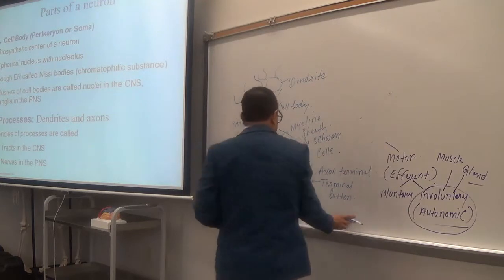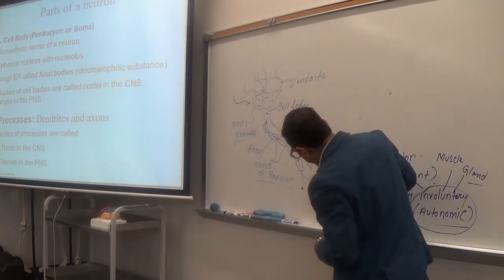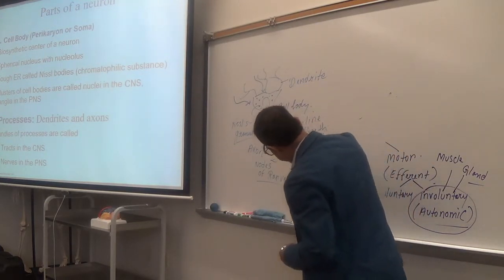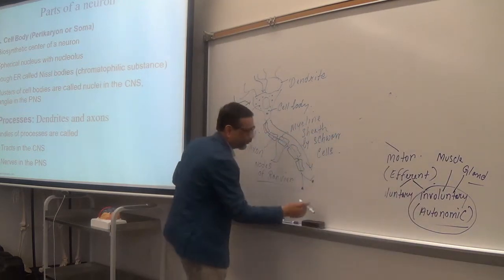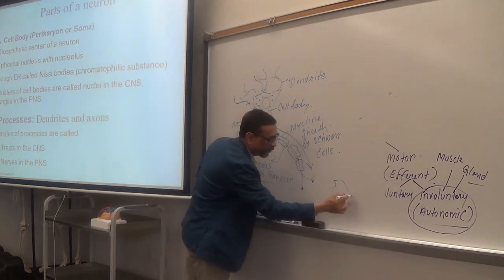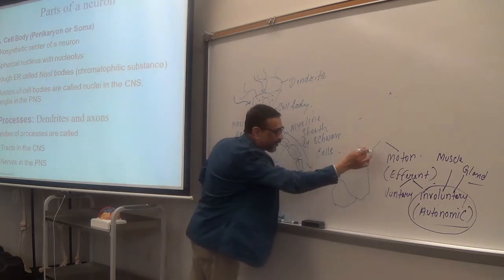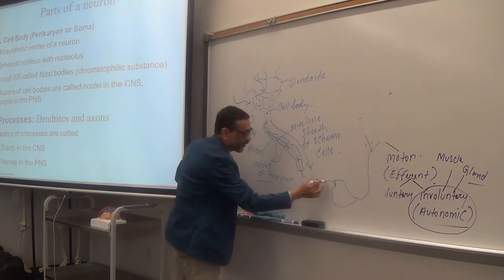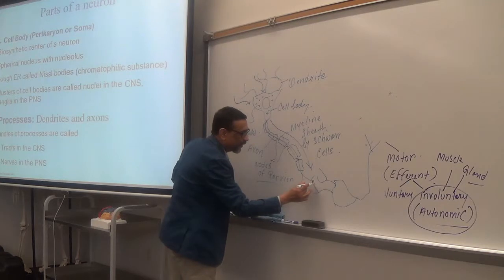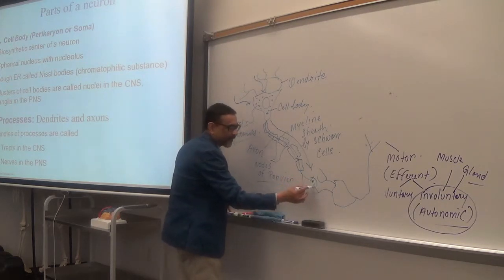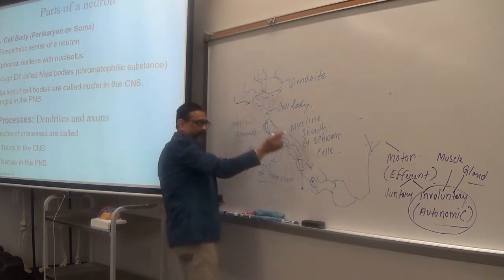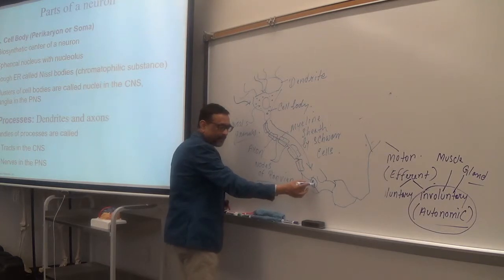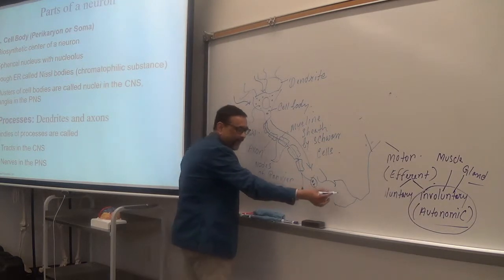And then you have another neuron here, the next neuron. This is the axon, and these are the dendrites. And this is the synapse. The axon terminal of the previous neuron talks to the dendrite of the next neuron.